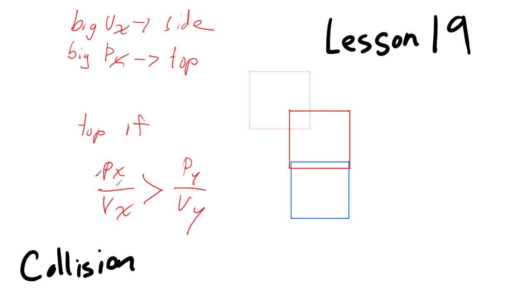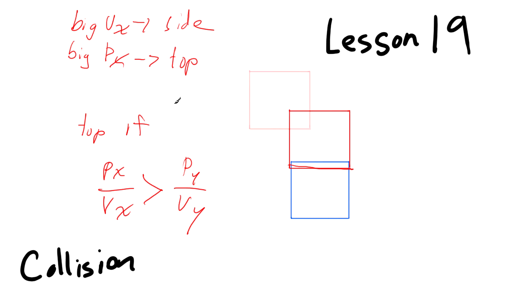So you can see here a high penetration in x will make this bigger, giving it a bigger chance of being bigger than this one. And again, a low velocity x, we're not moving very much left or right, will give us a high probability of being top collision, right?